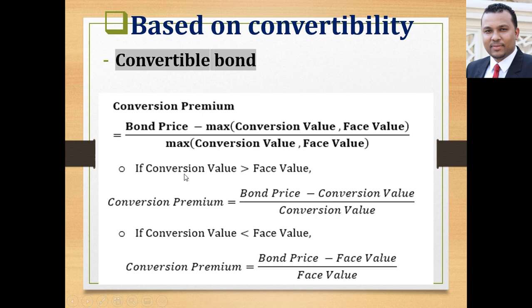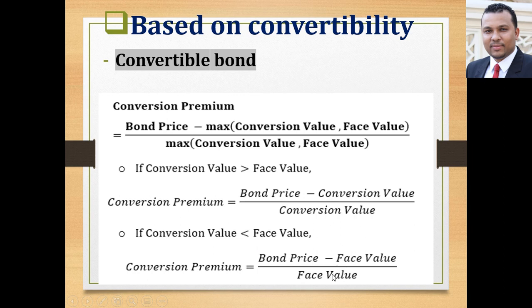In the case of conversion value greater than face value, the premium equals bond price minus conversion value divided by conversion value: new minus old divided by old.